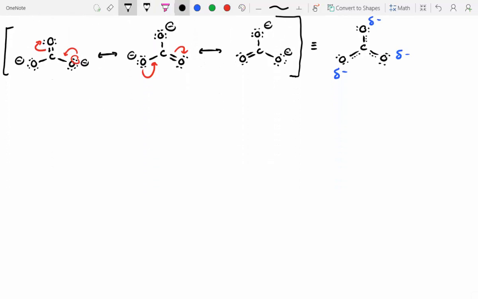All right, the next part is identifying electrons that can delocalize.